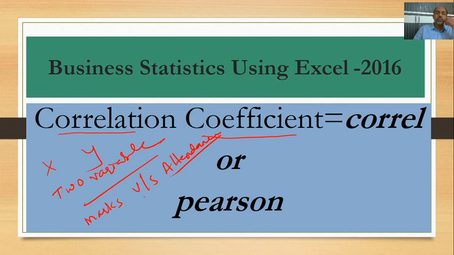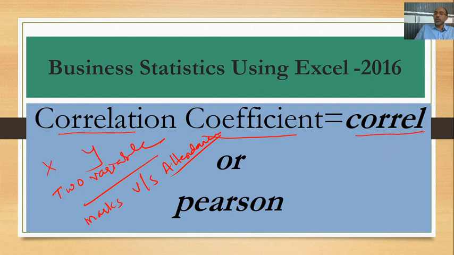Okay, with heavy attendance, is it having any relation with marks? Whether marks have any relation with attendance is found in this way. Correlation is calculated using two commands.